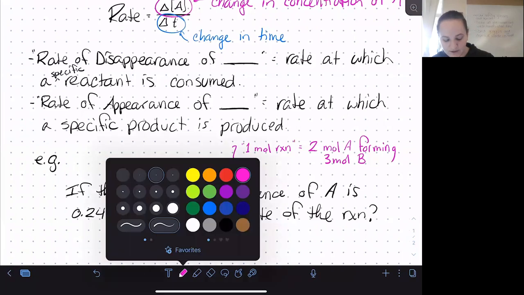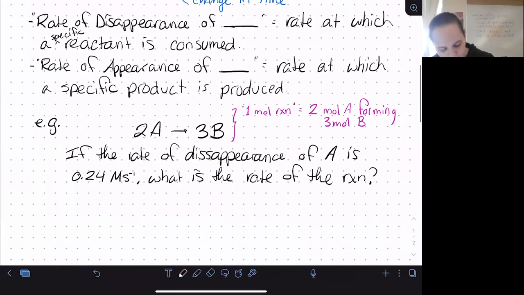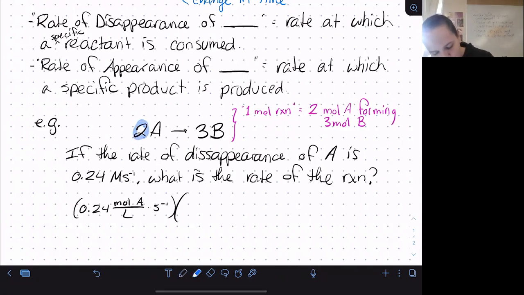In this case, it's going to be A. So if our rate of disappearance of A is 0.24 moles of A per liter per second, to convert this to moles of reaction, we just need to convert from moles of A to moles of reaction. 2 moles of A represents 1 mole of reaction.